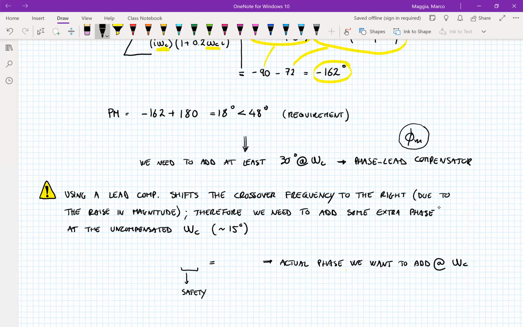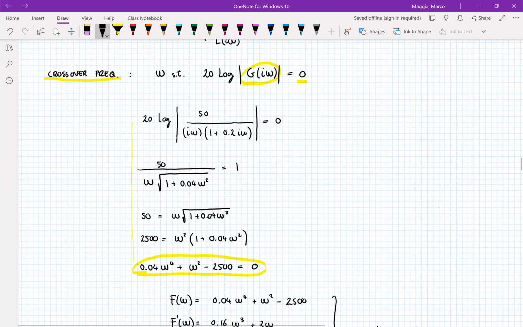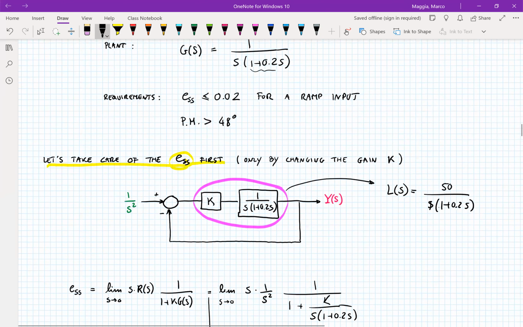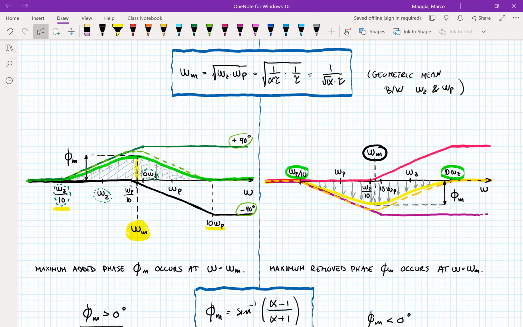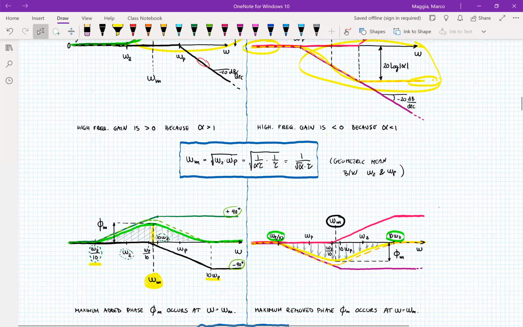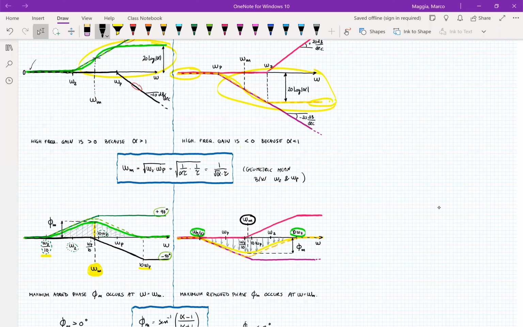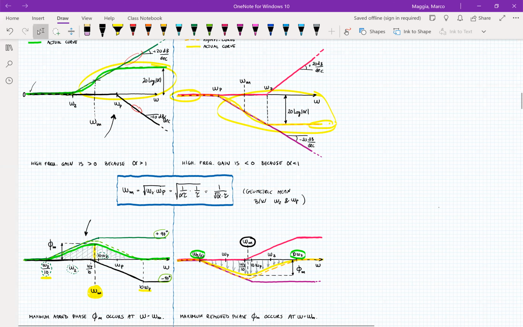However, there's a small problem here because of the lead compensator, and we should go back to where we drew the Bode plots for the lead compensator. Not only do we have an increase in phase, and this is what we are looking at, we also have a side effect in terms of the magnitude: we're raising the magnitude, and not just for very high frequencies, but that happens also where we add the phase.